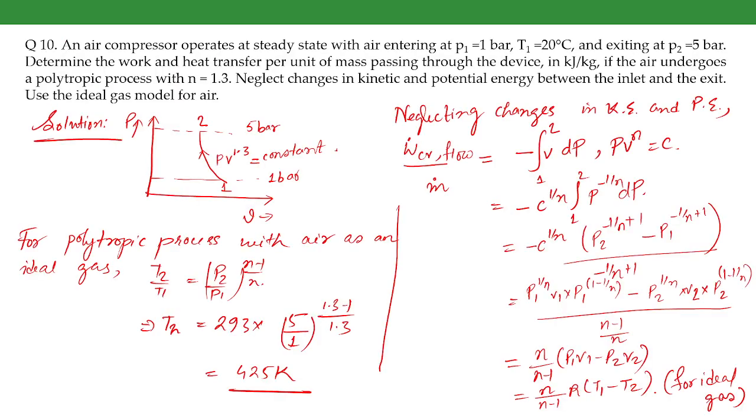Work done in the compression process, per unit mass, is equal to n by n minus 1 (p1 v1 minus p2 v2). If we take a minus out, it will be minus n by n minus 1 (p2 v2 minus p1 v1), which is equal to minus n by n minus 1 R (T2 minus T1).